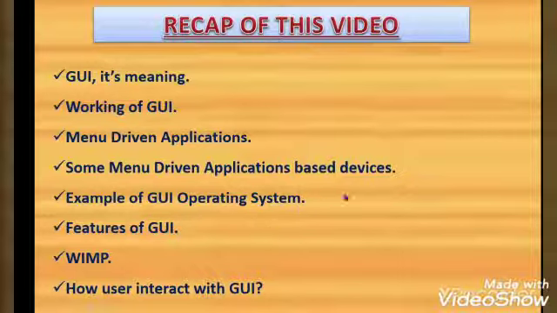Examples of GUI operating systems are Windows, Linux and Mac OS. Features of GUI are windows, icon, menu and pointers. Then we discussed WIMP, which is another name of GUI: W for windows, I for icon, M for menu and P for pointer.